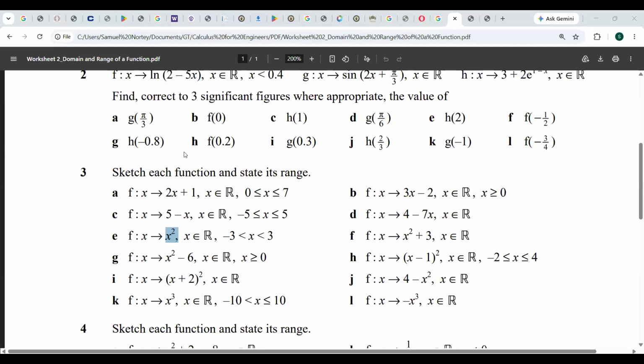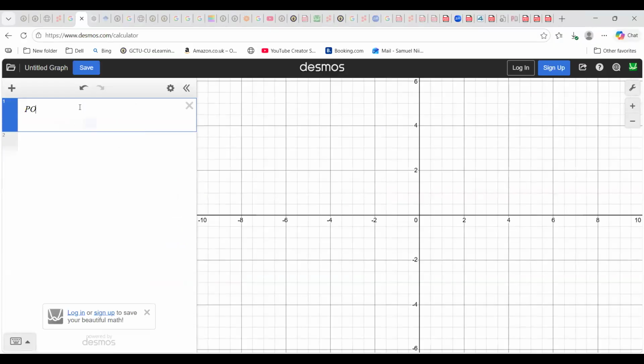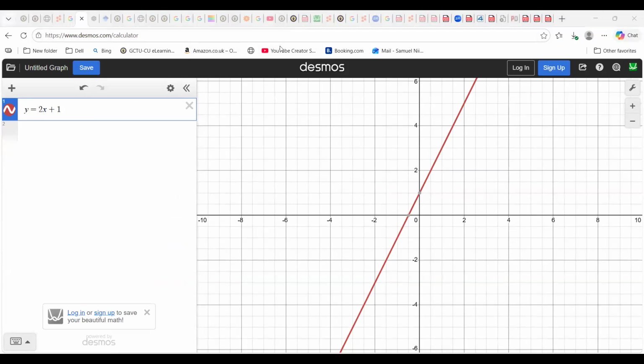So if you come here, you can say let y be equal to 2x plus 1. Remember that this particular demo is plotting from negative infinity to infinity. So if you are interested in a certain interval, then you will give the interval that is needed. So this was 2x plus 1.